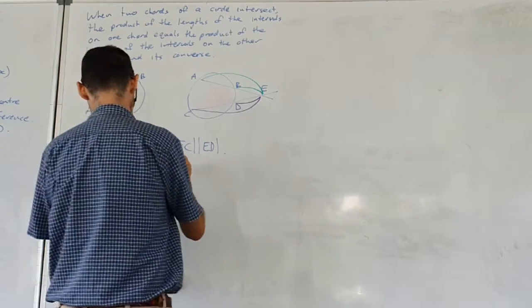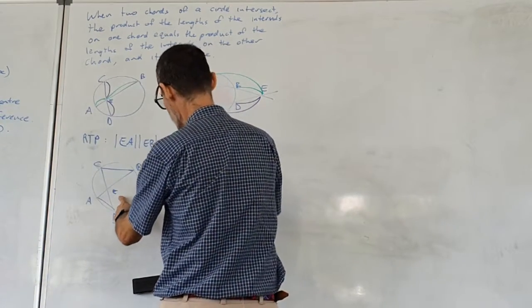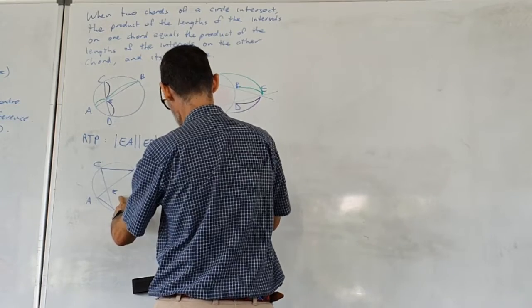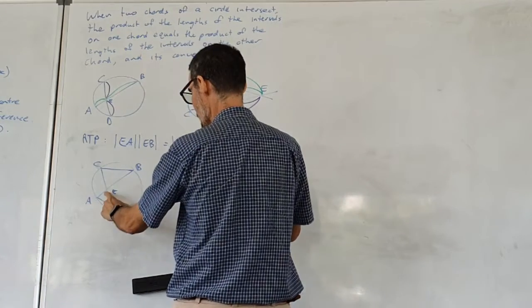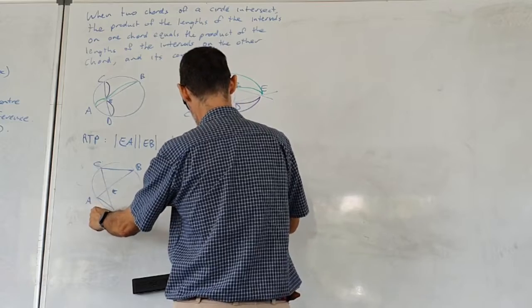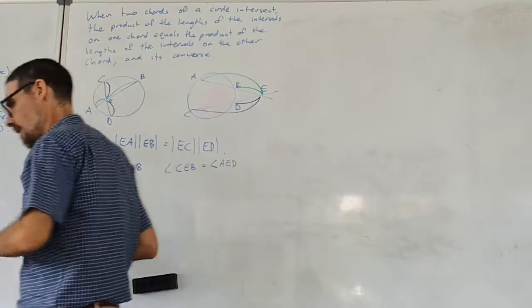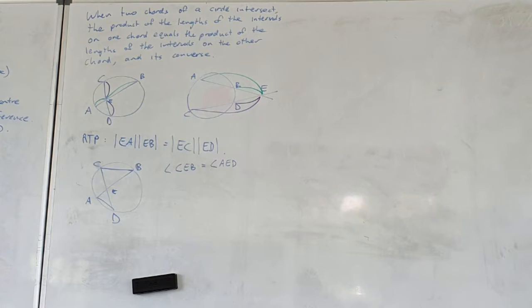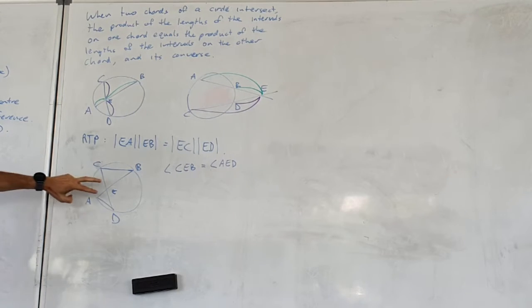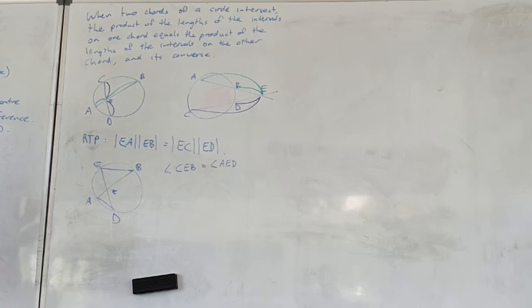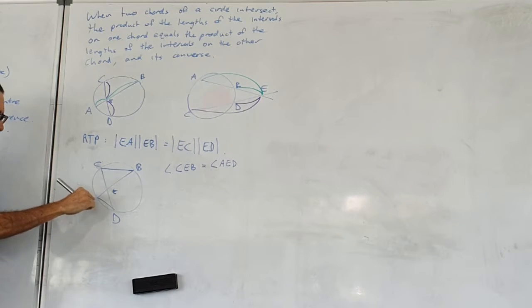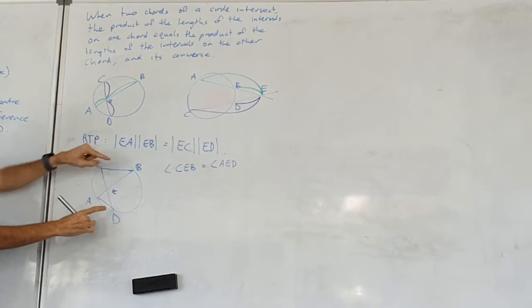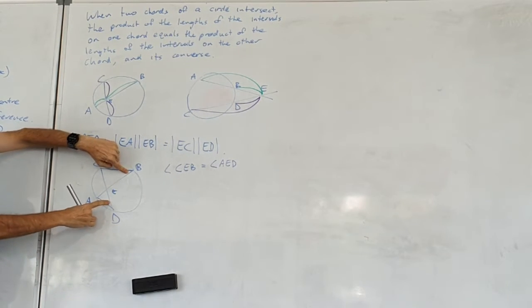What can I say? The angle CEB is the same as the angle AED. Do you agree with that? Because they're vertically opposite angles. They must be equal. But we can say more. This arc subtends here and here. So these two angles must be equal.